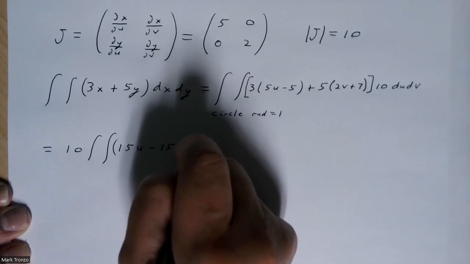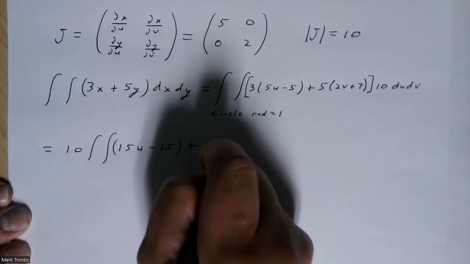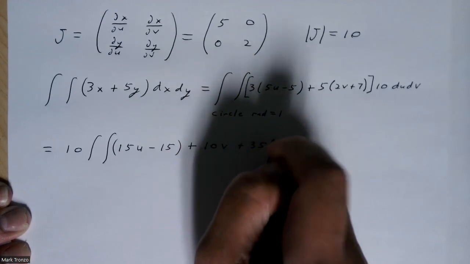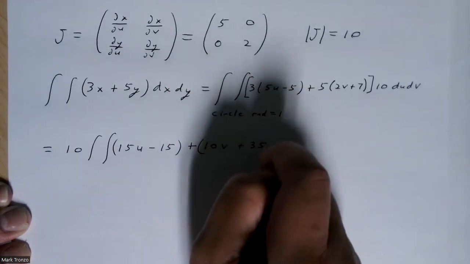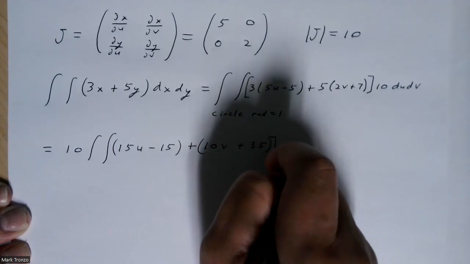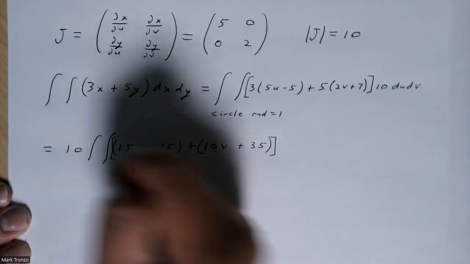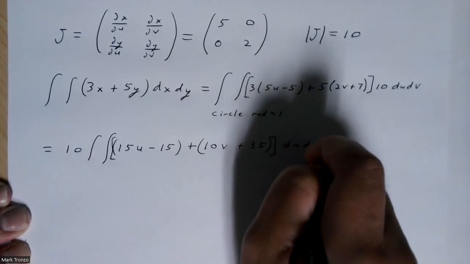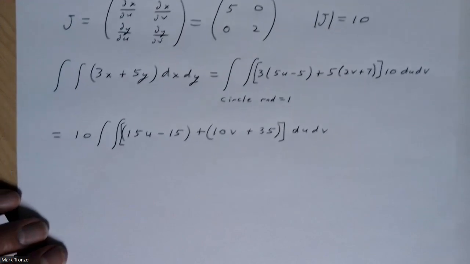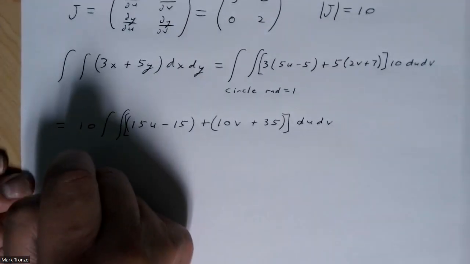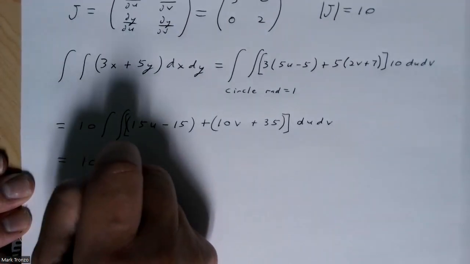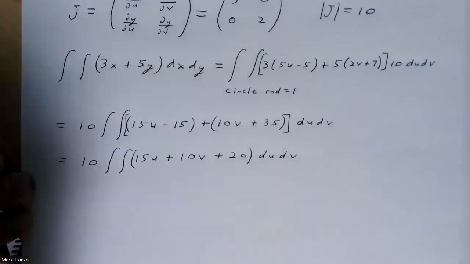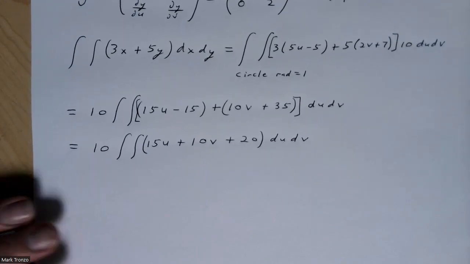And this is going to be over here 10v plus 35. du dv. And this is going to be 10, and we can simplify this a little bit. But mainly we're just looking to try to set these up properly.